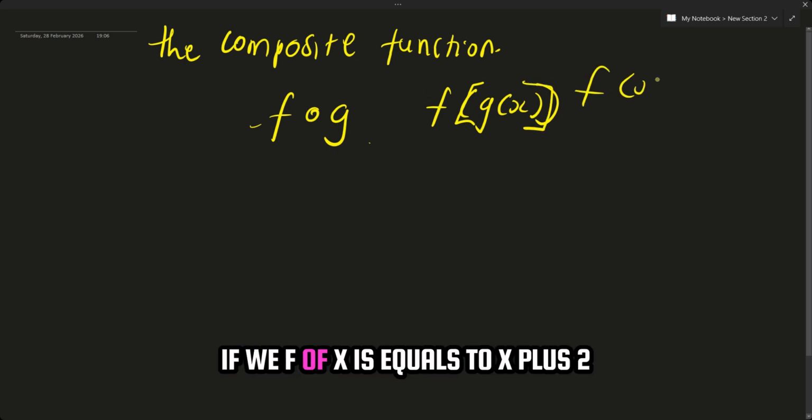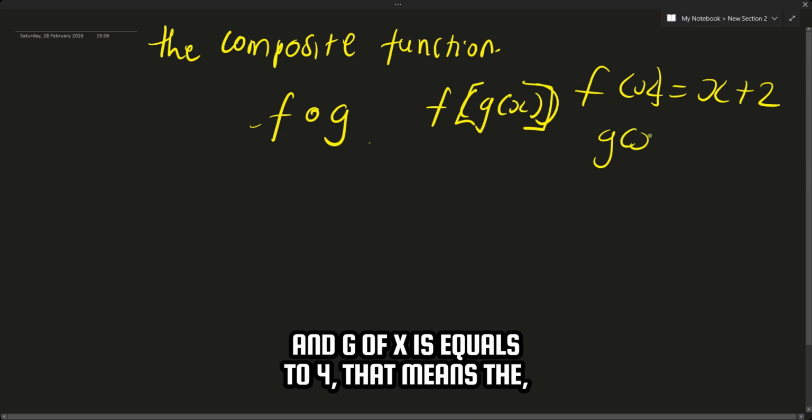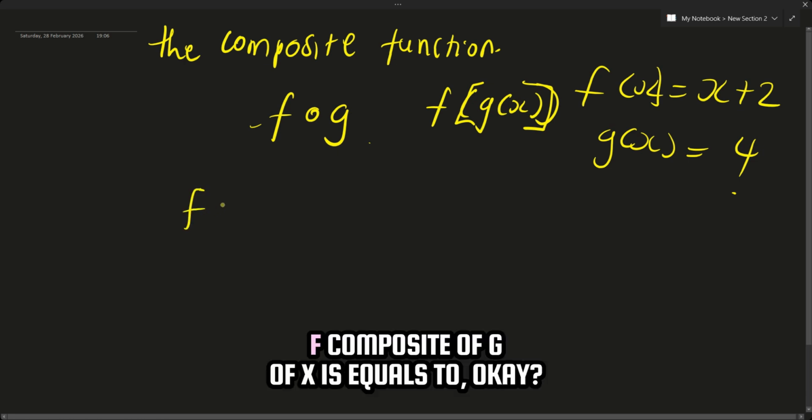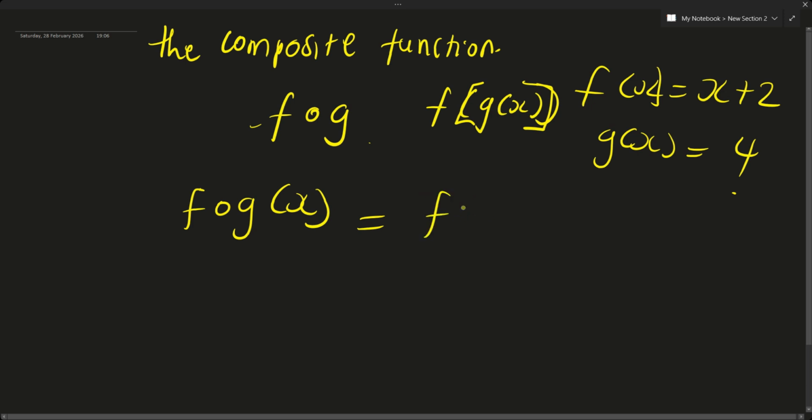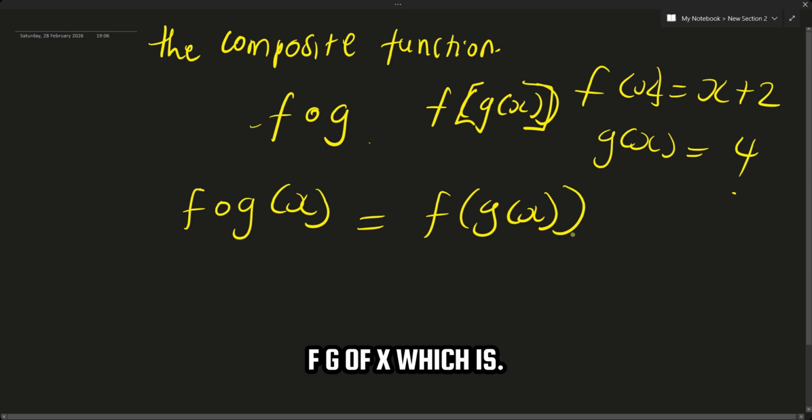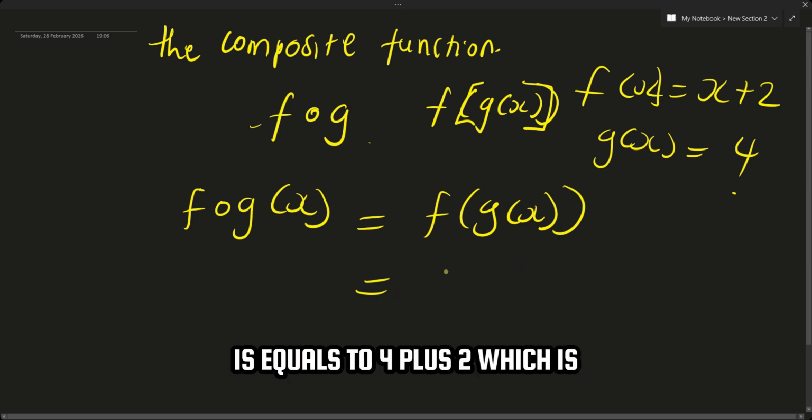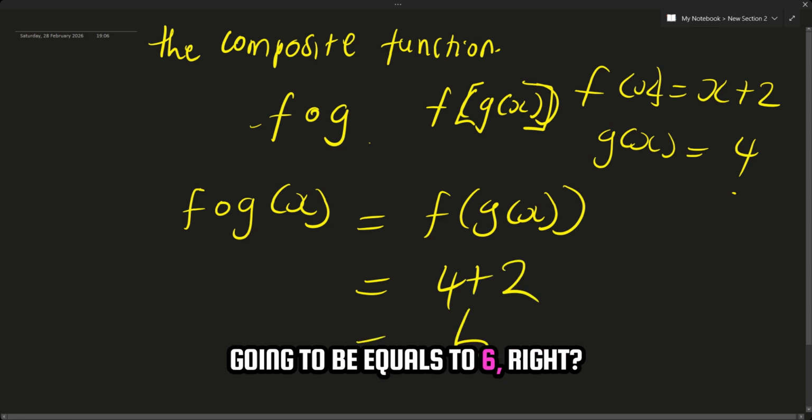If we have f of x equals x plus 2 and g of x equals 4, that means f composite g of x is equal to, okay, f of g of x, which is equal to 4 plus 2, which is going to be equal to 6. Right?